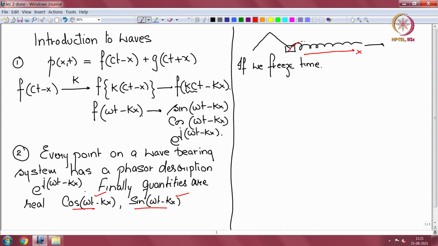So I will see a sine wave as I move in space, regions of compression, regions of rarefaction as a sinusoid.